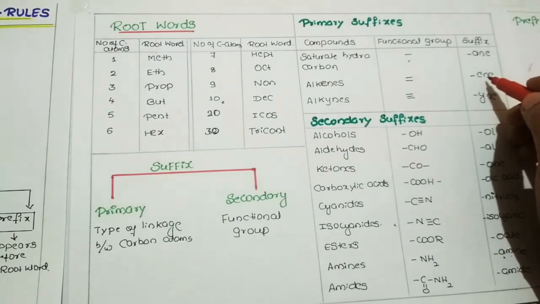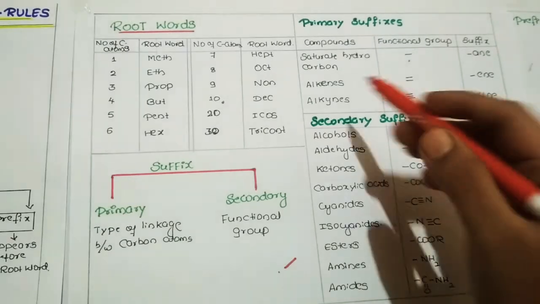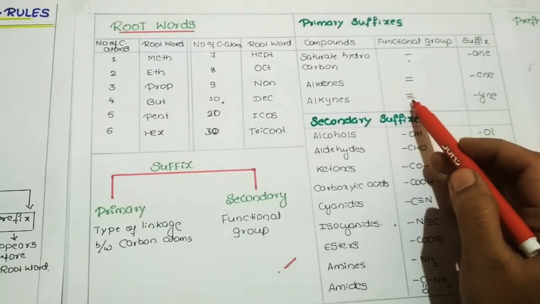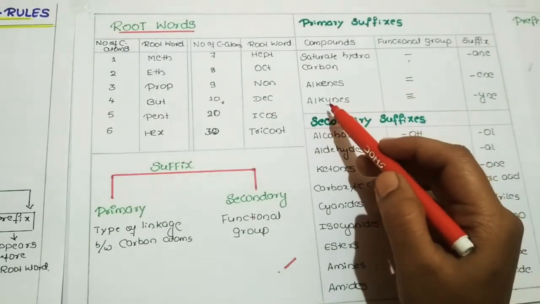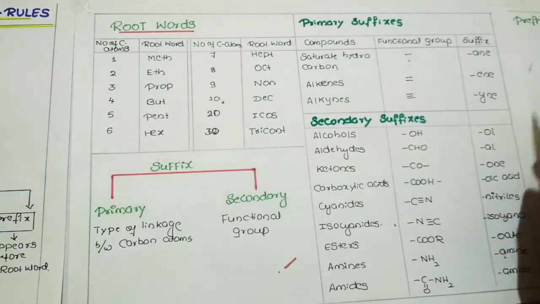The suffix you need to add is "ene" after the root word. If it is a carbon-carbon triple bond, then we know that it's an alkyne, so it should end with "yne". These are the primary suffixes that denote the linkage between the carbon atoms.